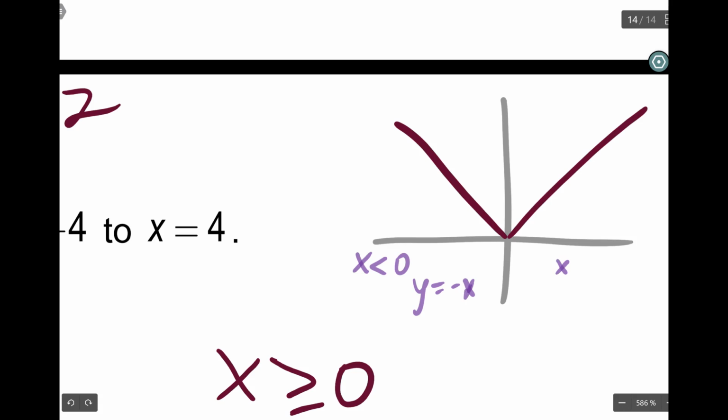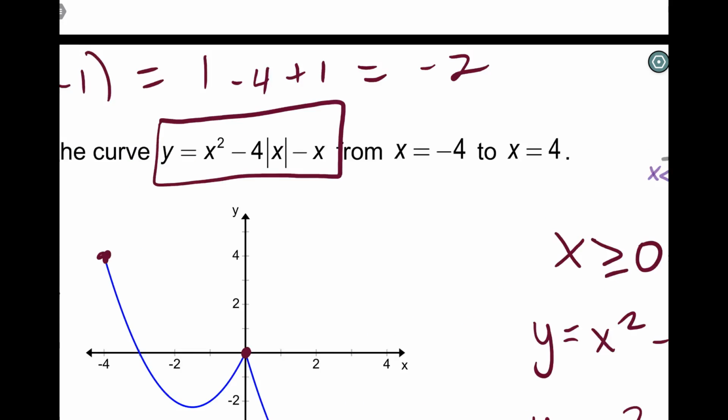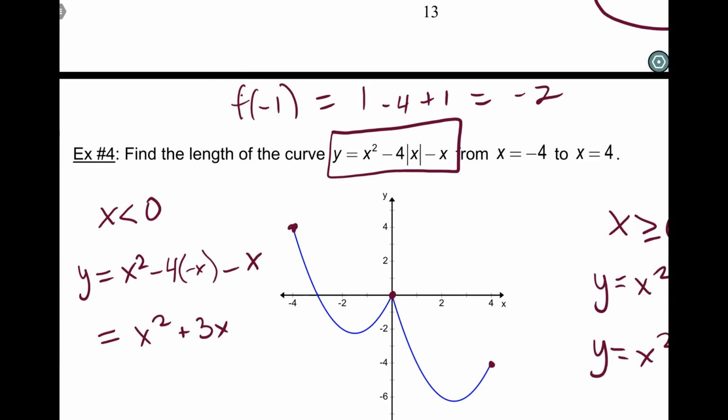And then when x is greater than or equal to 0, you have y is equal to x. So that's why we put the negative on the left side.